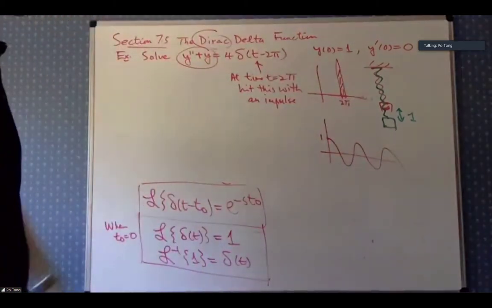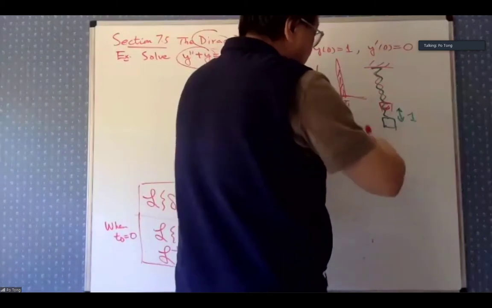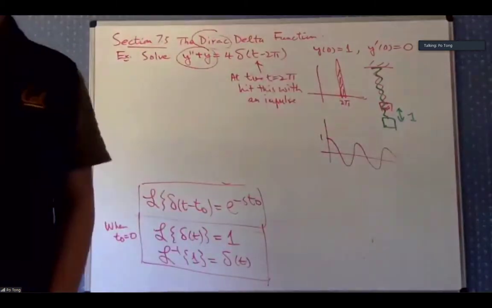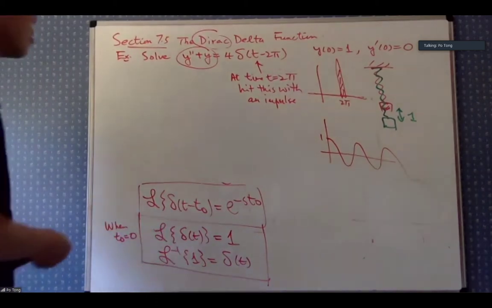But somehow at t equal to 2 pi, this curve is going to change shape. We're going to see what happened to it. Is it all right? Yeah, I think so. Okay, so we can do this.